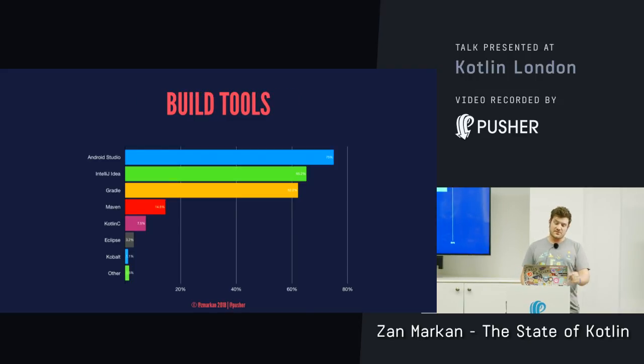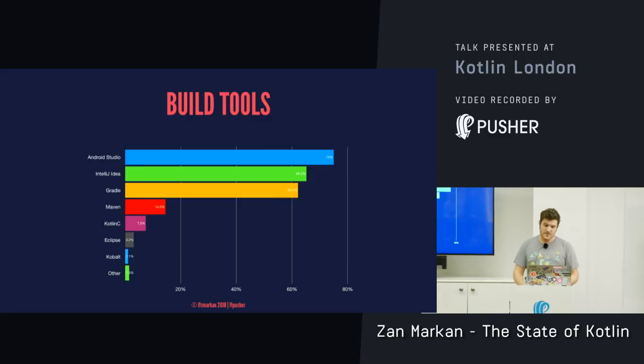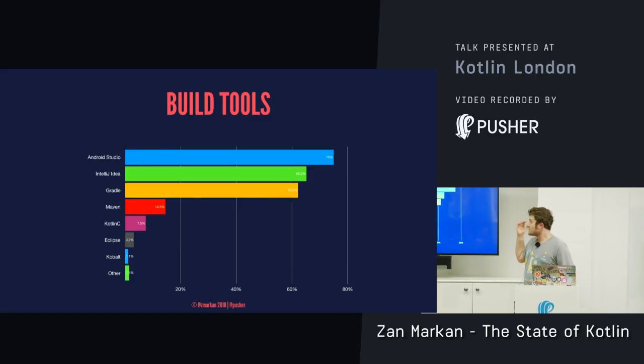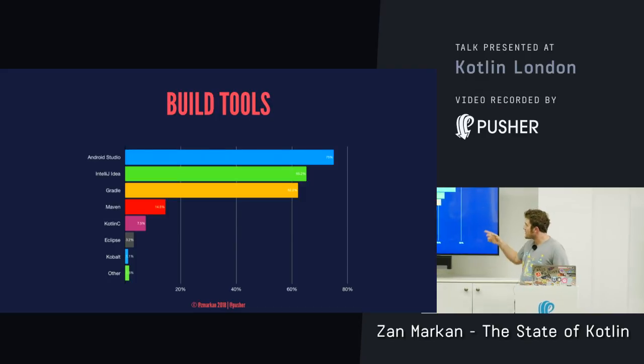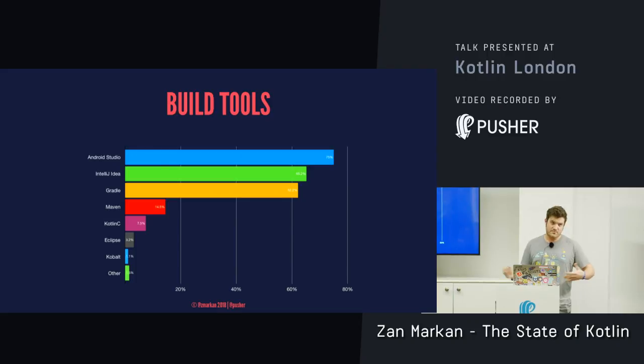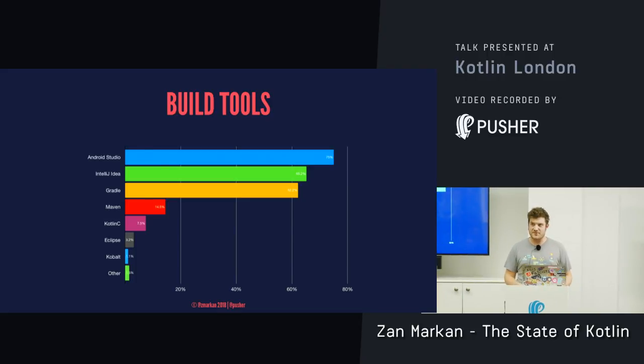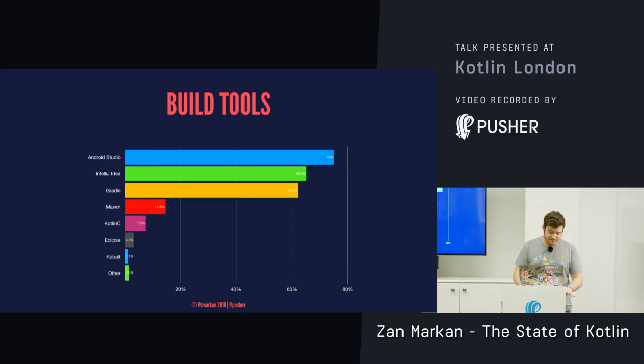Outside of features, I also asked about build tools. So what do people use to build Kotlin projects? No surprise here again. Android Studio is with 75% clearly in the lead, followed by IntelliJ at 65 and Gradle at 62. They're all used for Android development, so no surprise here.